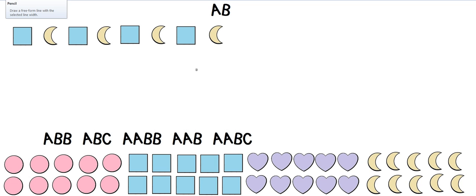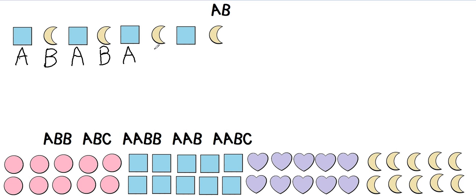So if we were to label this, I would put, let me make sure my font is big enough here. I would put an A under my blue square. The B would be my moon, then my A, B, A, B, A, B. All right, so I'm going to get a red line.